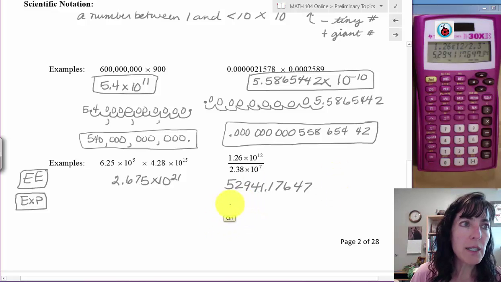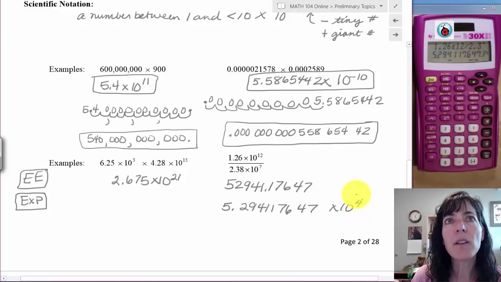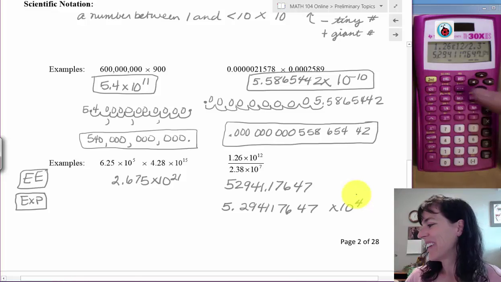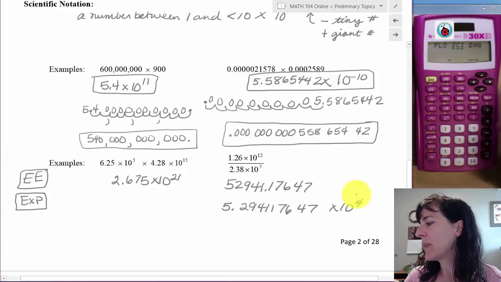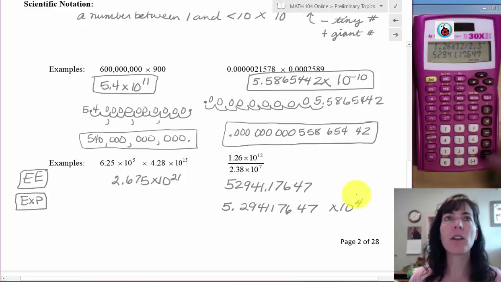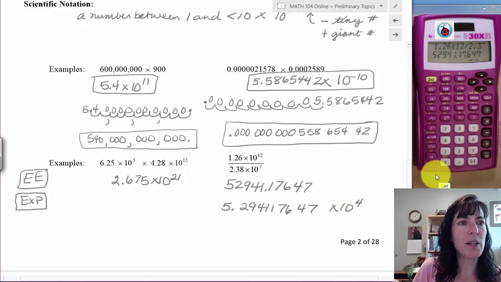So it did convert to 5.294117647 times 10 to the fourth. And if I want to stop showing scientific, I just go back there and convert it back to float, and it'll show me floating point numbers again.